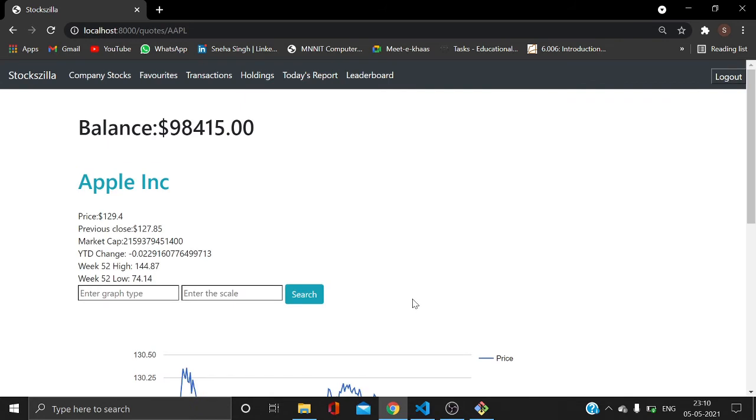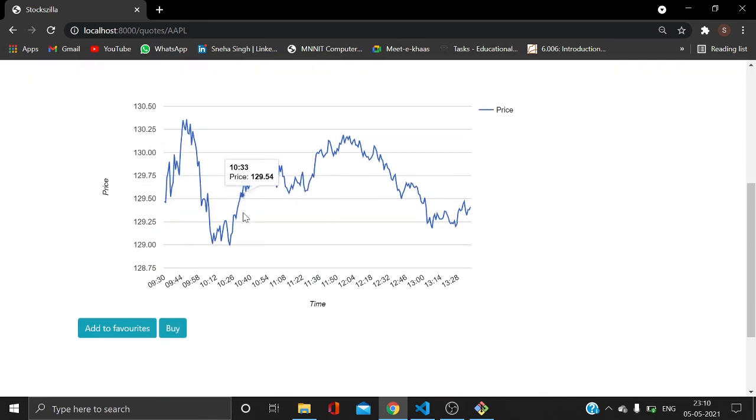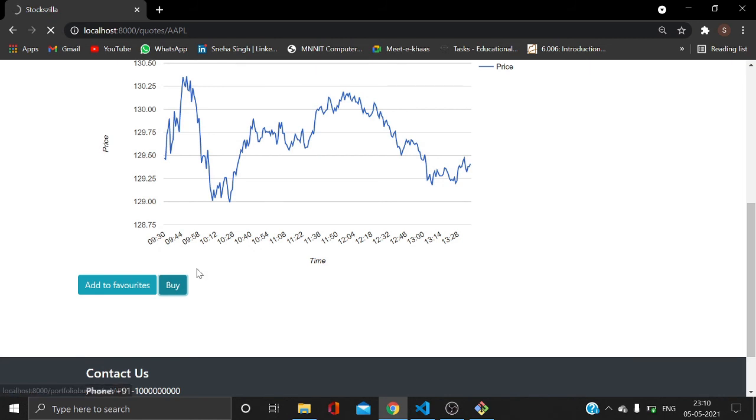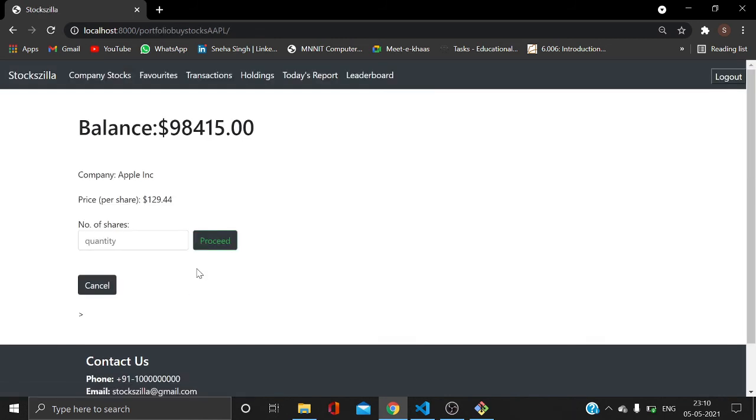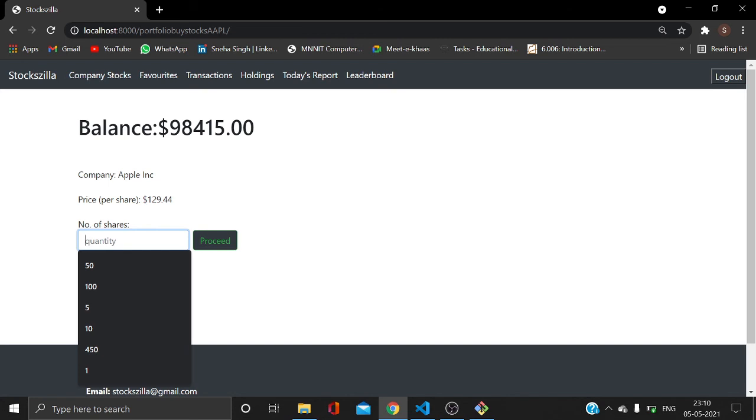Apart from this, I would also like to show you one more functionality, which is if you buy a certain stock and you enter some amount of stocks, but if the total worth of those stocks is more than your balance, then you would not be able to buy that stock.